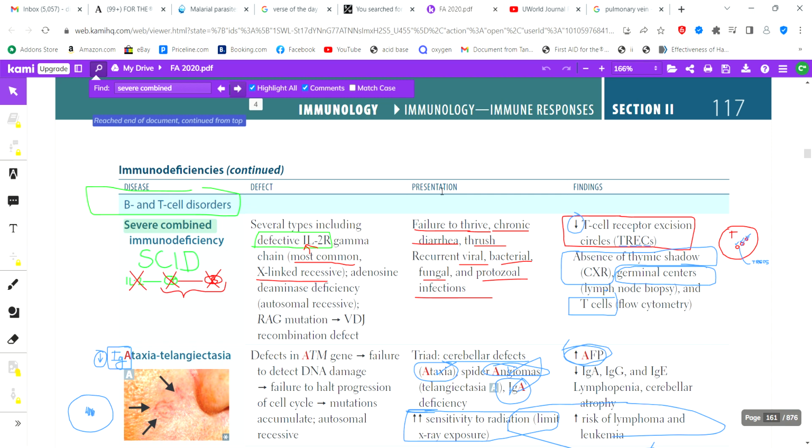The findings: you have decreased T cell receptor excision circles. You have absent thymic shadow on chest X-ray.